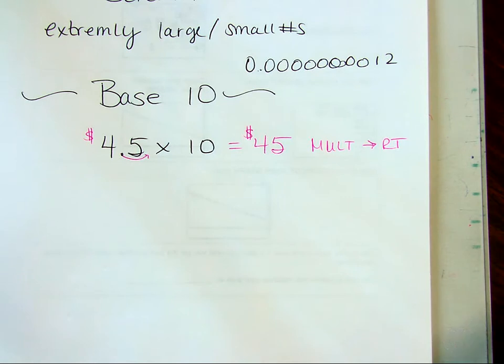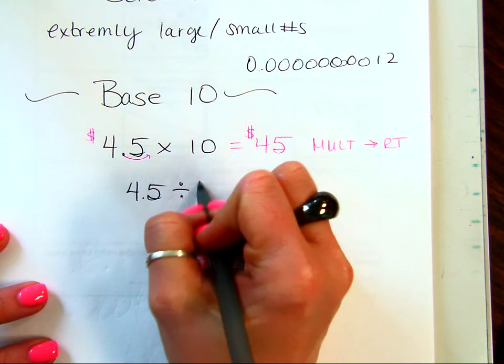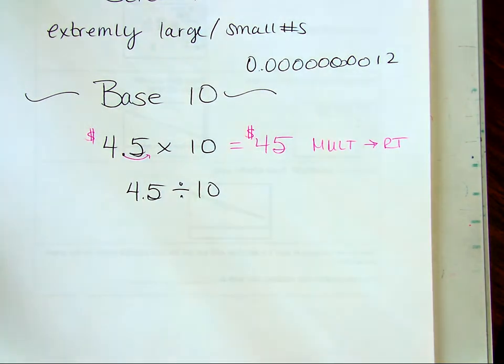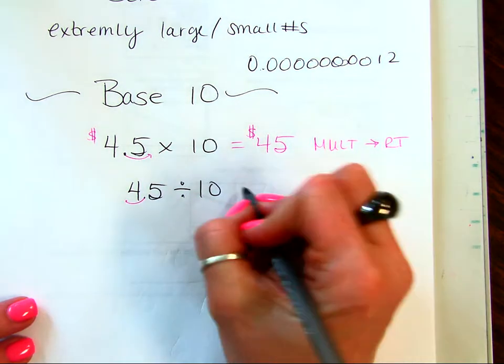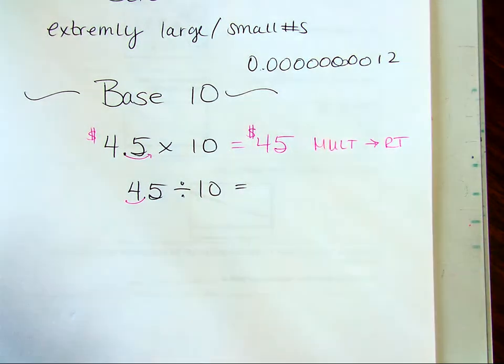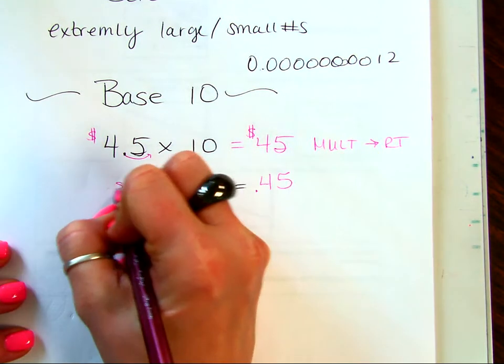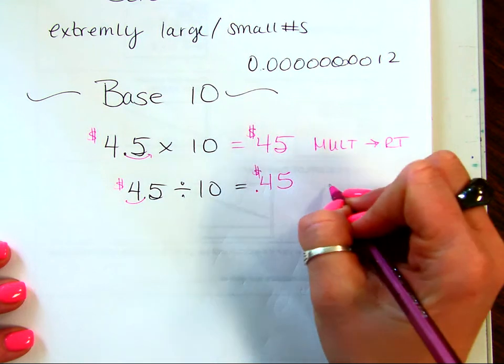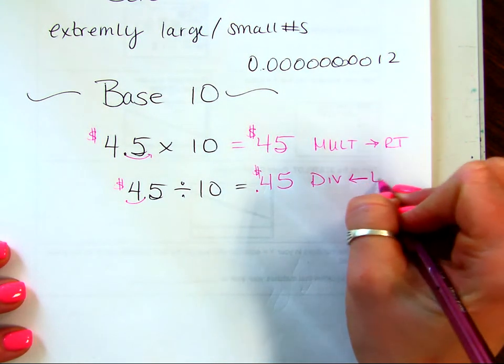What if I took that $4.50 and needed to split it into 10 piles instead of create 10 piles? That meant you're making it smaller, and that $4.50 became 45 cents, right? Which made it smaller. So division moves your decimal to the left.